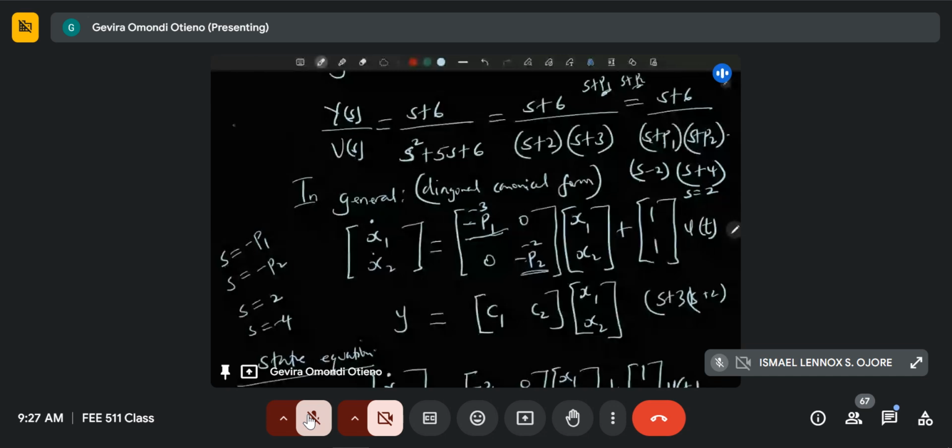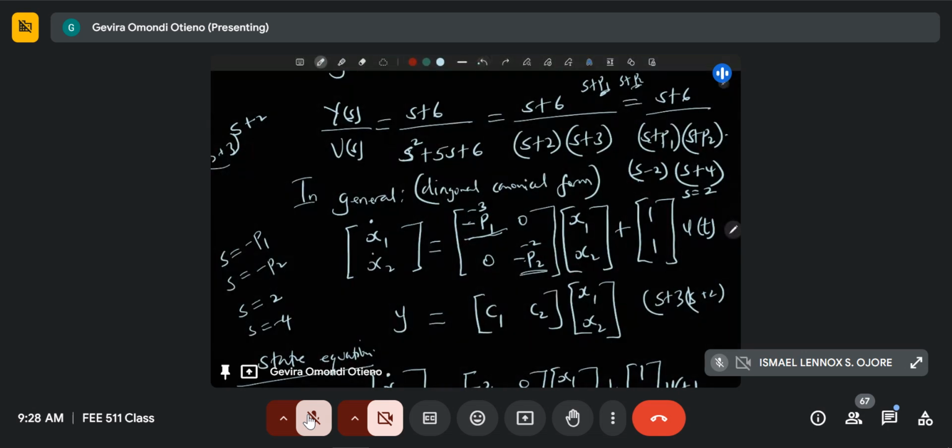If somebody had S plus 3 first before S plus 2, then they would be having minus 3 here and then minus 2 here. It's still the same if somebody wrote minus 2, minus 3. What we mean is, as long as in your state matrix the leading diagonal consists of all the locations of the poles, then we are fine.